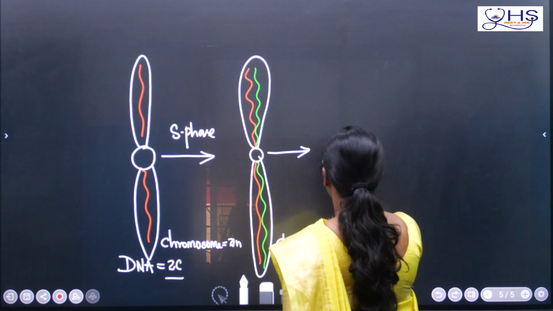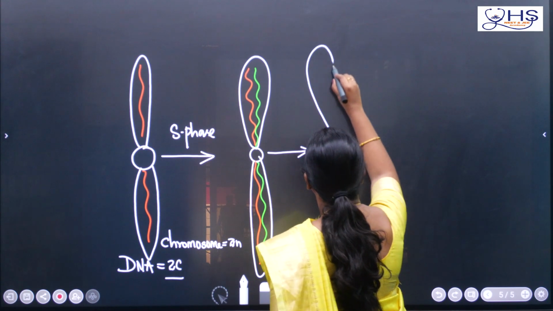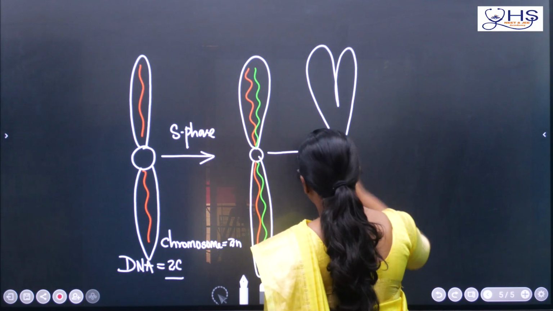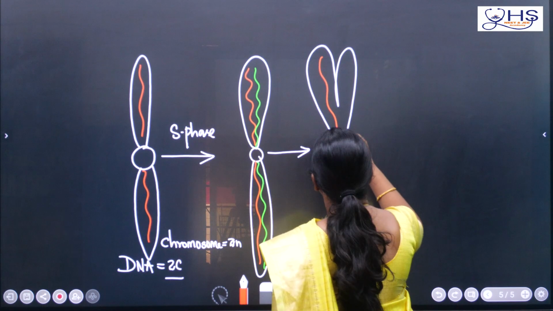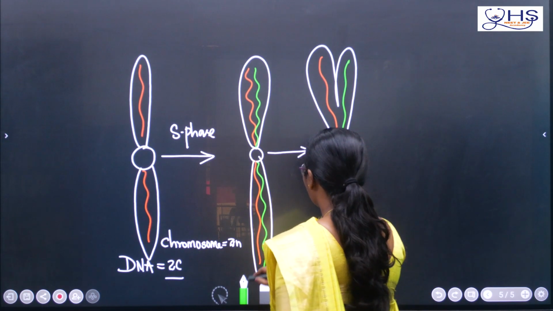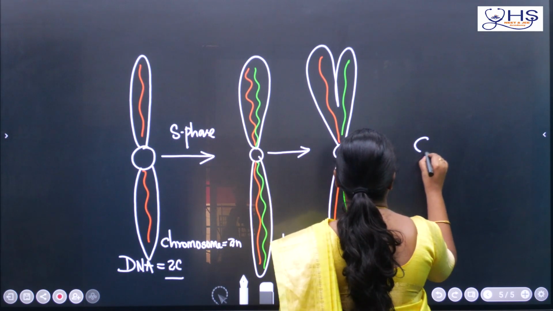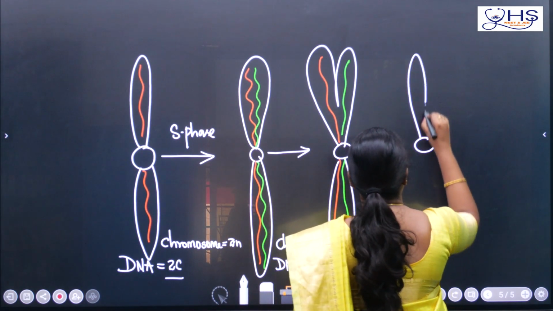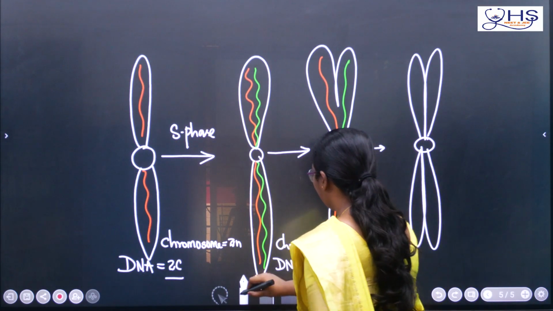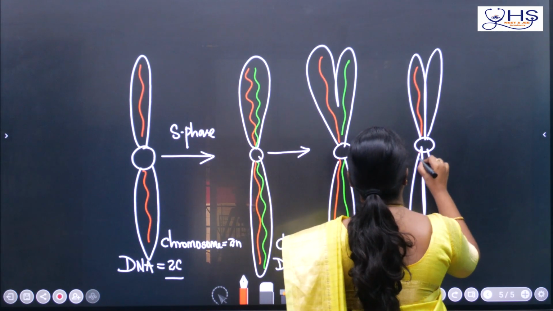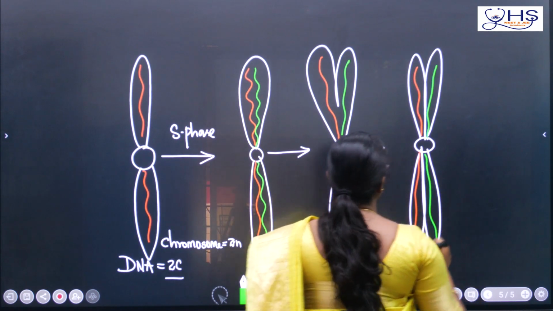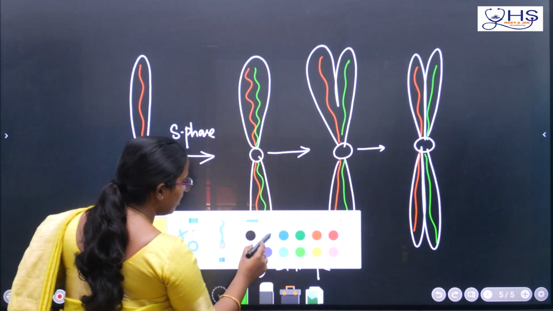Yes. Next what will happen? See the chromatid. The chromatid will start splitting like this. This is old and the green one is new. So now, are we going to change the number of chromosomes?